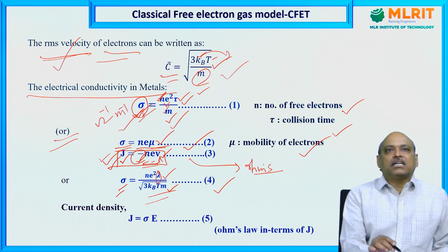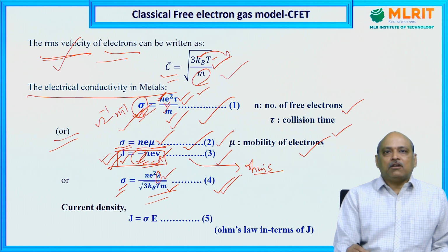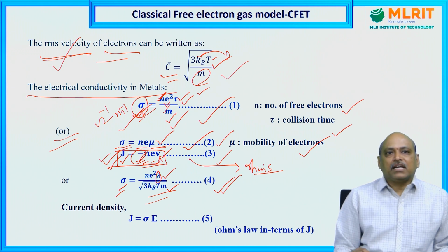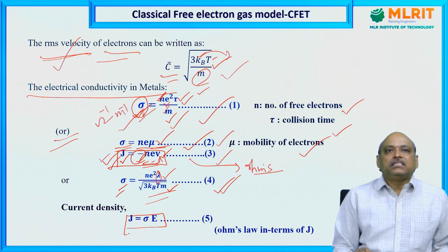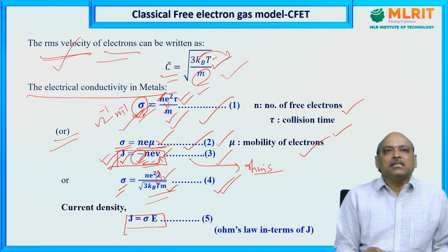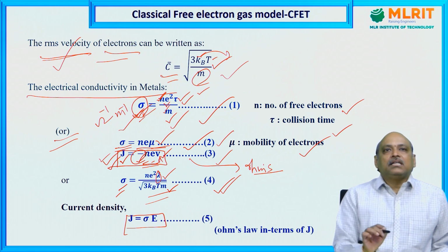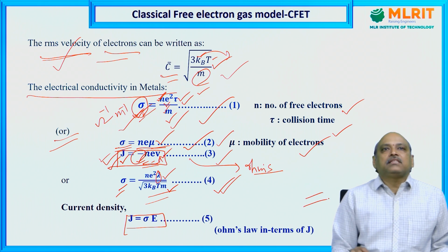The current density can also be written as J equal to sigma into E. So, these are all the ways we write the current density and the electrical conductivity of a metal according to this theory.